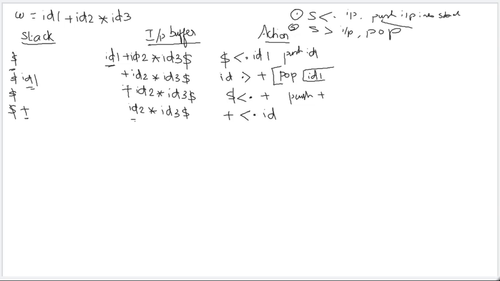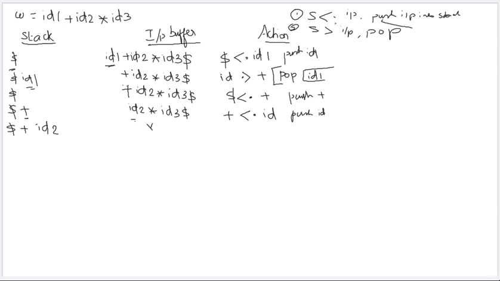Plus has a lesser precedence over id. If it is a lesser precedence, we have to push the element into the stack. So now the stack becomes dollar plus id2.